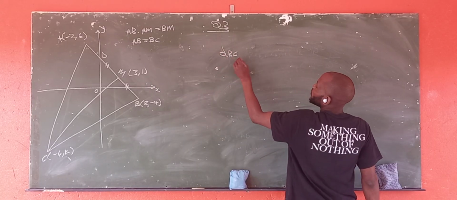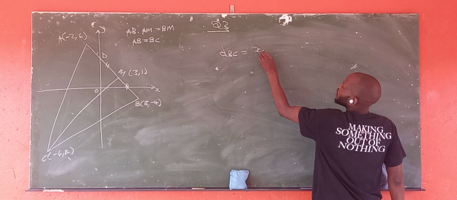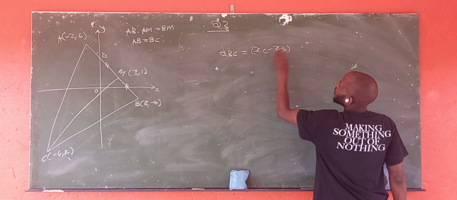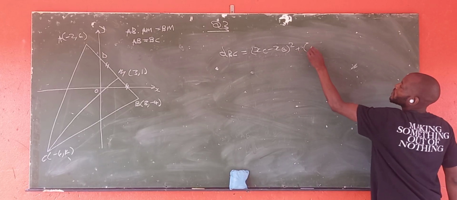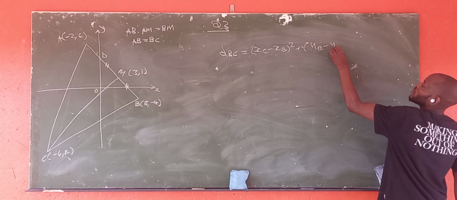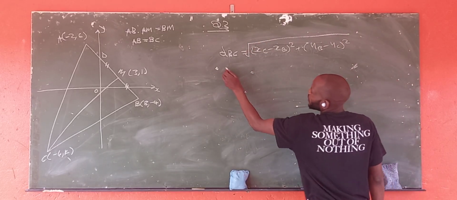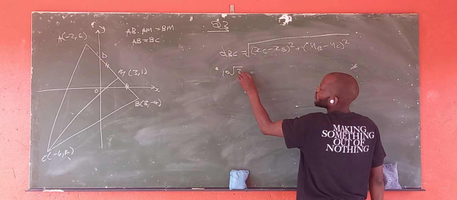The distance of BC is equal to the square root of x at C minus x at B all squared plus y at C minus y at B all squared, and this equals 10 square root of 2.